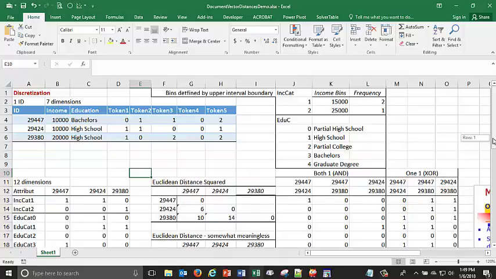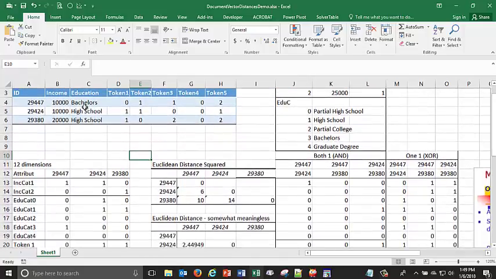Then we have education categories. Now that's fairly simple. Instead of having a set of words, we identify each category by an education category, and we make partial high school. This is an ordinal variable, so we can order them. 29,447 has bachelor as the education category 3.